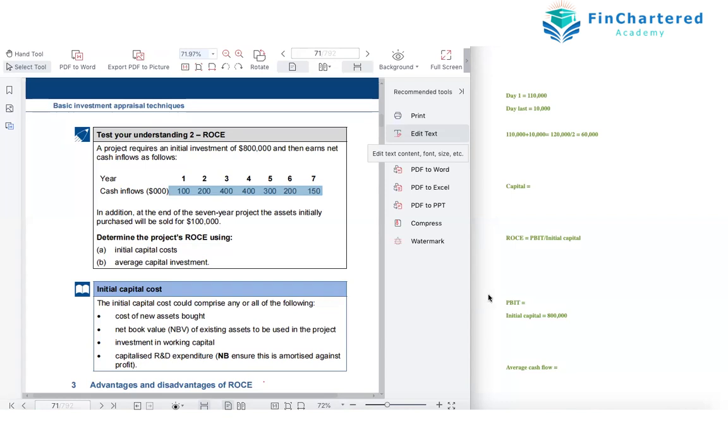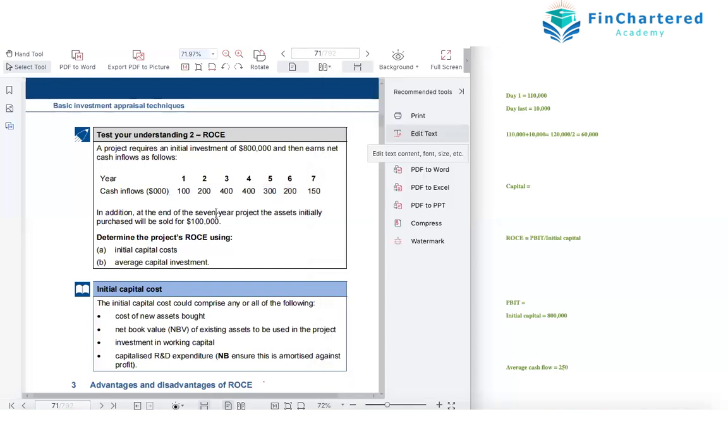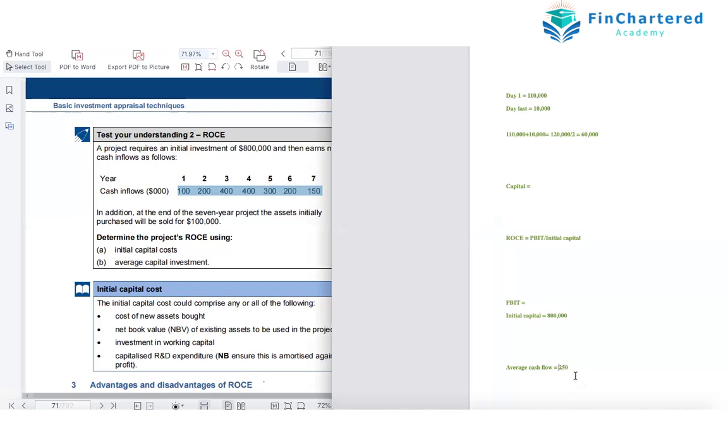Is it 1750 divided by 7? Yes. So the average cash flow, Anjana, is 250. Yes, Janvi, the ones who are clear can leave. You added up and divided by 7 to get the average, which is 250.